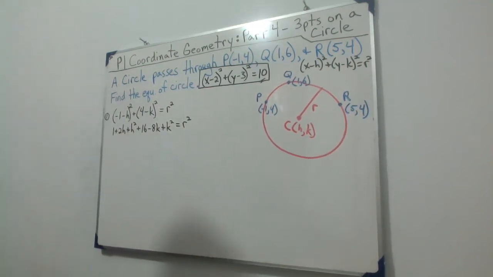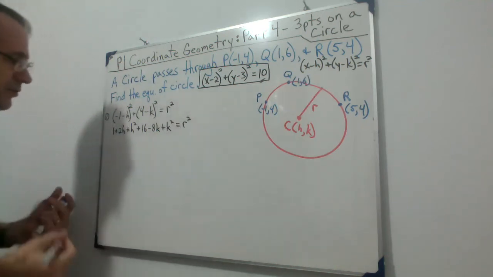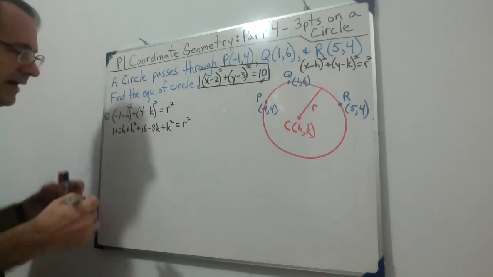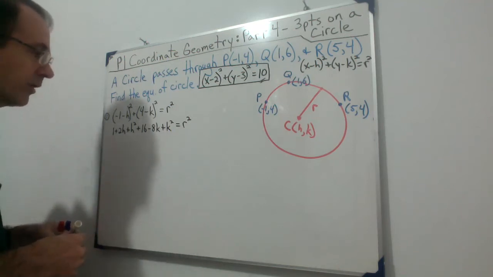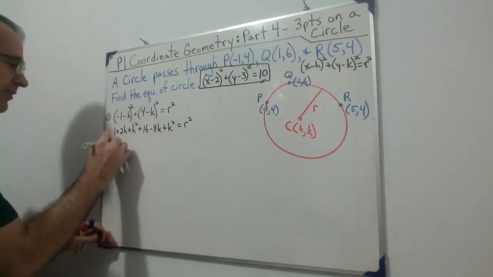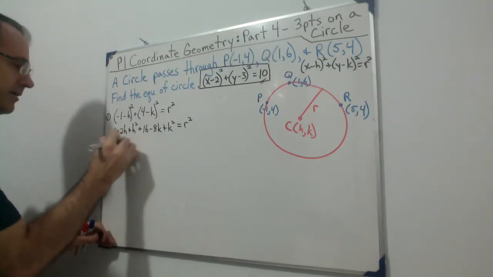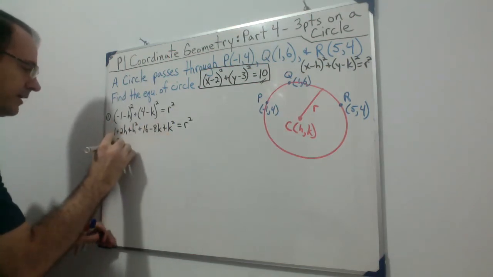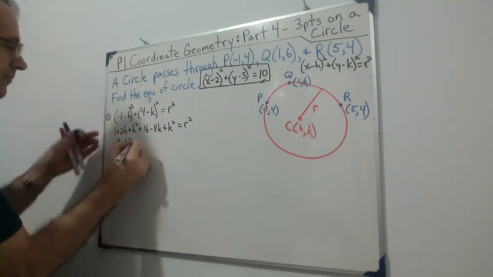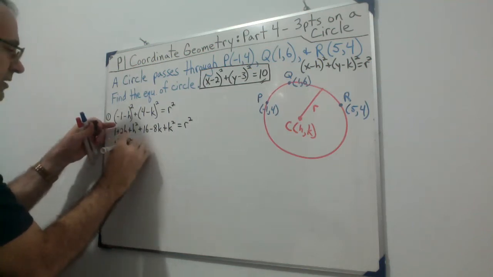Okay, so that's kind of a lot there. And if you want to, you could organize it a little bit. So if we start with our H squared, say plus K squared, here's plus 2H.